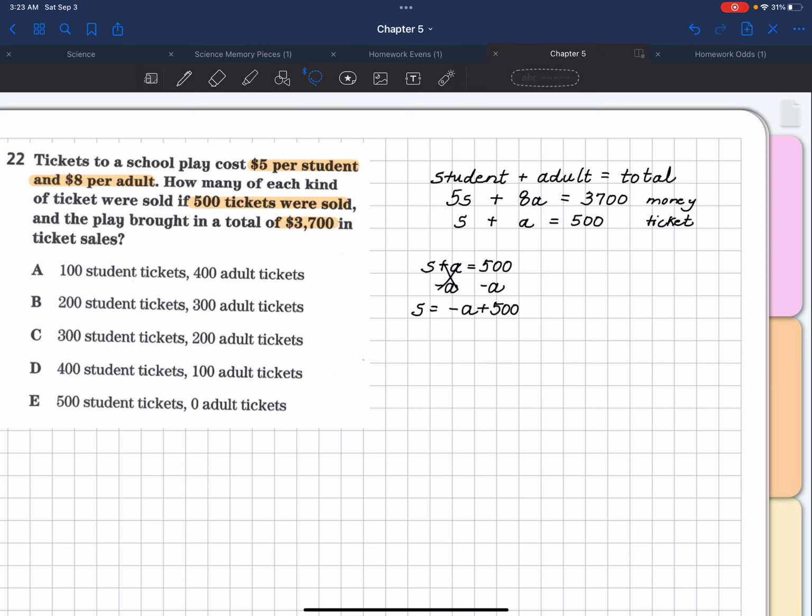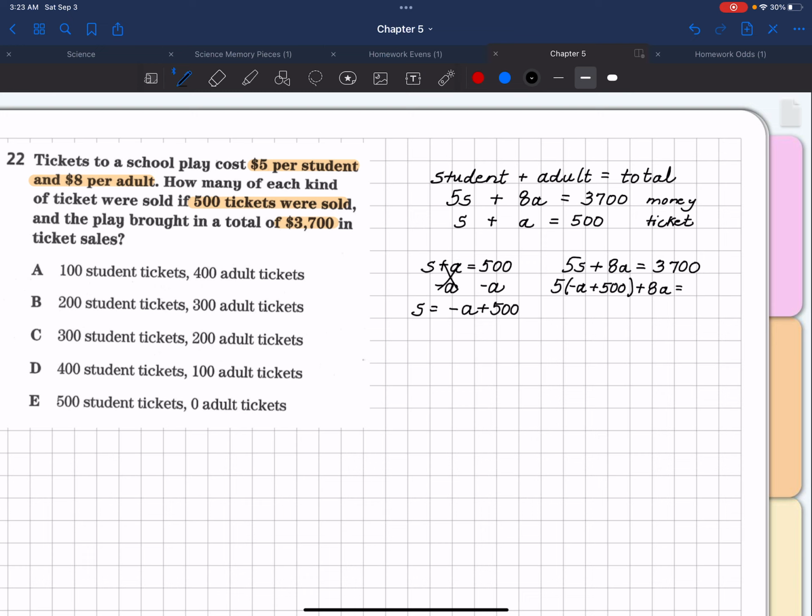Okay, and then I bring in the other one, which is 5S plus 8A. Let's calculate the money for each. And we know that S is worth negative A plus 500. And then we have 8A.